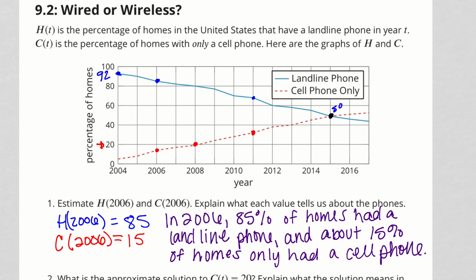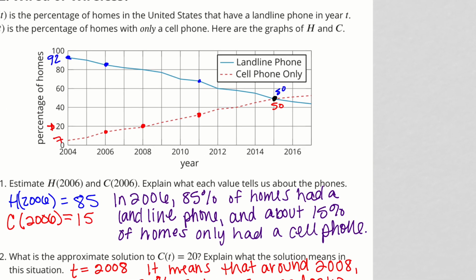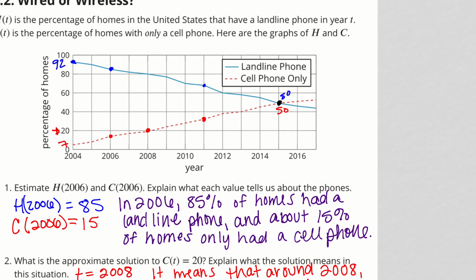And from here we have about 7 to about 50%, right? So if we took our slope of that, our y values go on the top, so 92 minus 50 over 2004 minus 2015.